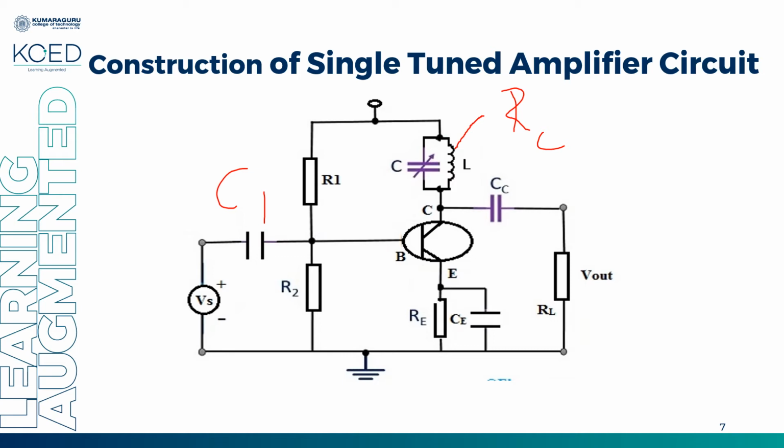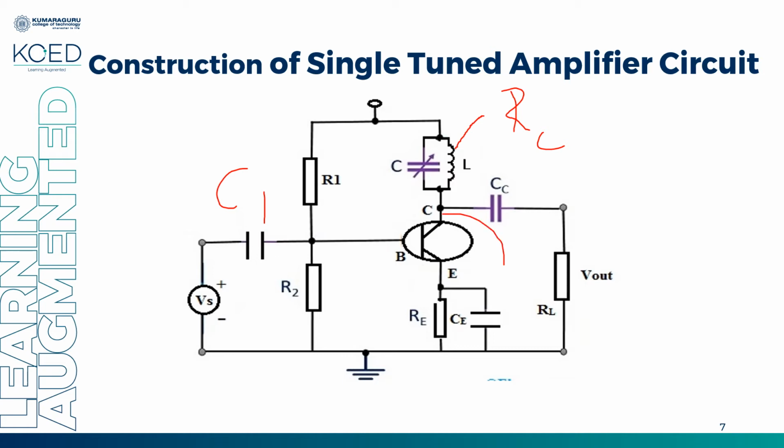We need to understand that the voltage gain of the circuit has to be higher in order to get an amplified output, right? So that is why we need a bypass capacitor connected to the emitter terminal, so that the emitter current will be passed to the ground, and it is going to increase the value of the voltage gain, right?